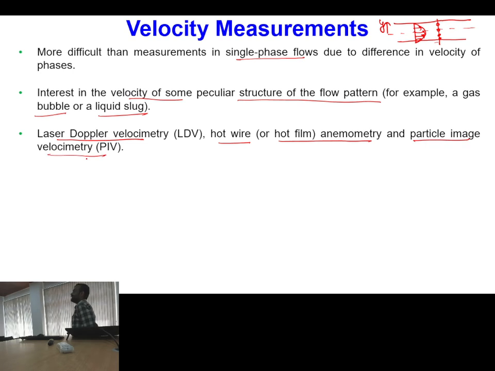These are advanced methods which can be utilized to measure velocity at different spatial locations within a fluid medium. For velocity measurements in multi-phase flows, we will majorly talk about hot wire anemometry and particle image velocimetry, because laser Doppler velocimetry has very little accuracy in multi-phase flow applications.